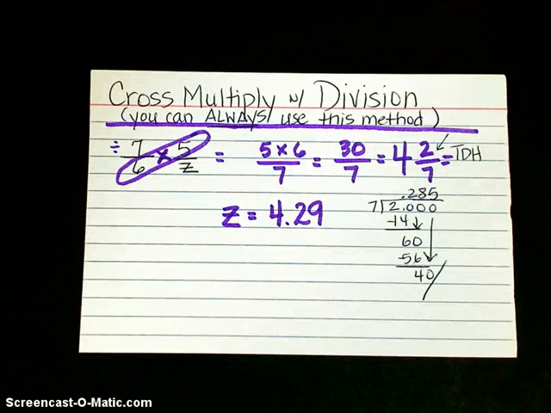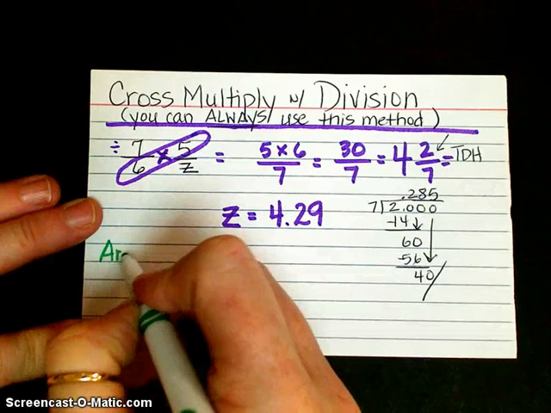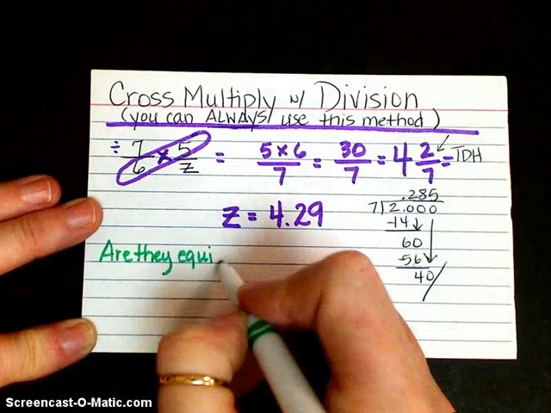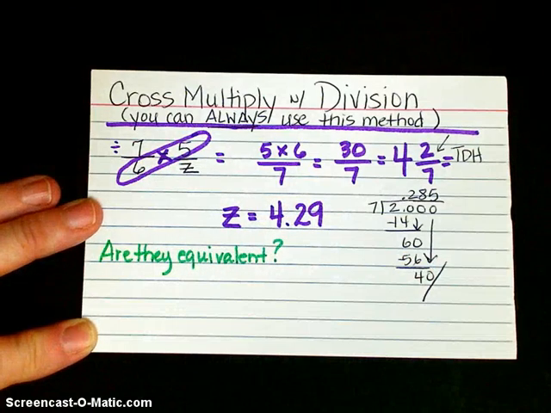Then ask your questions. Are they equivalent? Did we do the same thing to both sides? Well, in this sense, we didn't. They're proportional, but they're not equivalent.